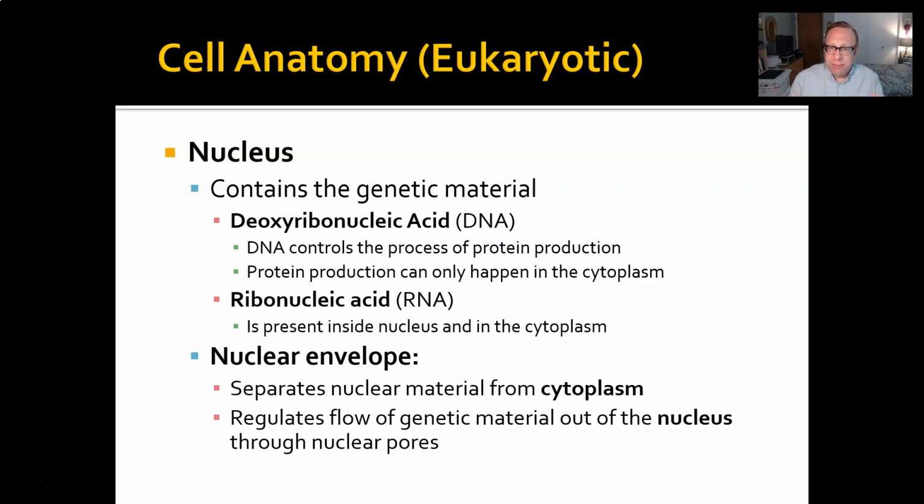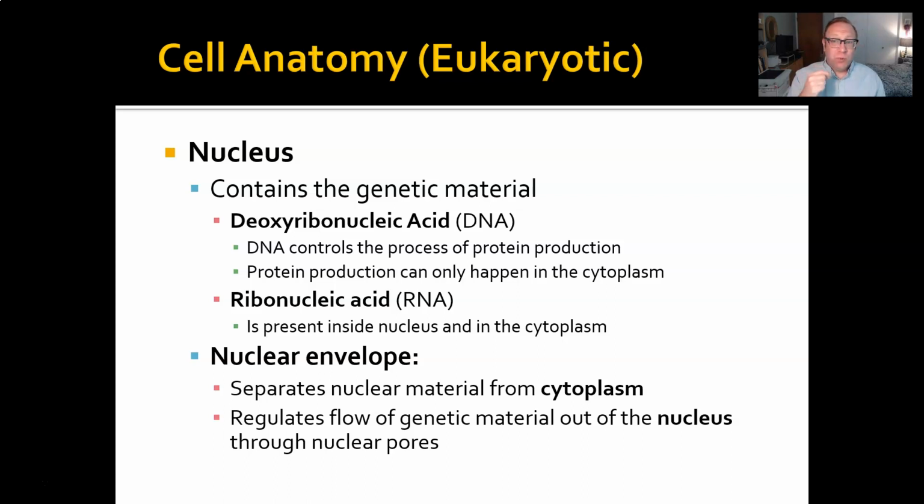And DNA is important because it controls protein production, and everything that gets done in the cell requires proteins, okay? And as we'll find out in a little bit, protein production doesn't happen actually in the nucleus where the DNA is, but rather a message gets sent out of the nucleus and it occurs out in the cytoplasm, as we'll find out, at the endoplasmic reticulum.